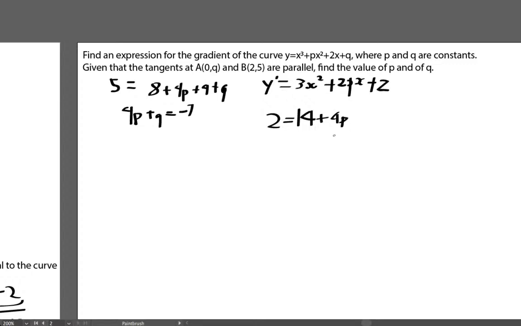So you can solve 4p equals negative 12, which means p is negative 3. Then you can solve for q: put this number inside here, negative 12, q is 5. Negative 3 and 5, that's the solution. That's pretty quick.